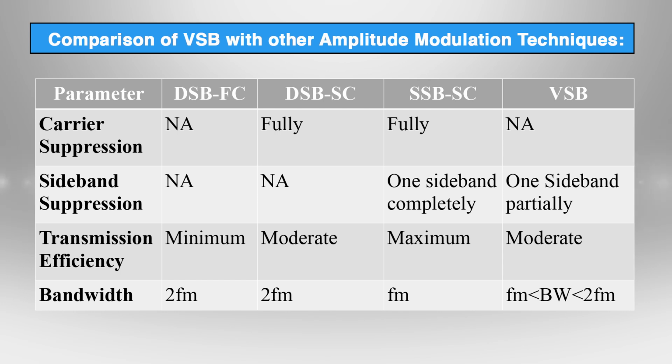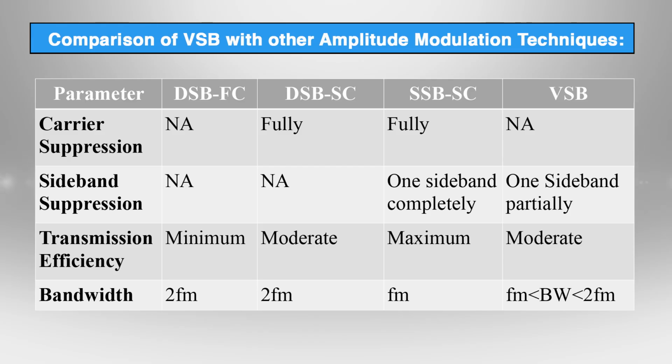The first comparison is that there is no carrier suppression in double sideband full carrier and vestigial sideband, whereas the carrier is fully suppressed in double sideband suppressed carrier and single sideband modulation. The second comparison is that there is no sideband suppression in double sideband full carrier and double sideband suppressed carrier, but one sideband is completely suppressed in single sideband, and one sideband is partially suppressed in vestigial sideband.